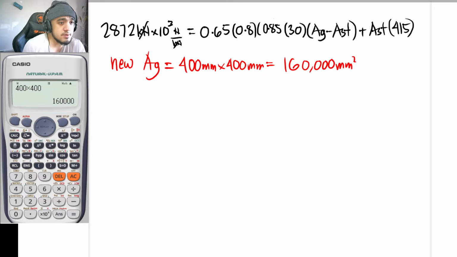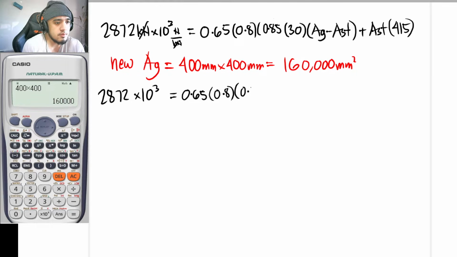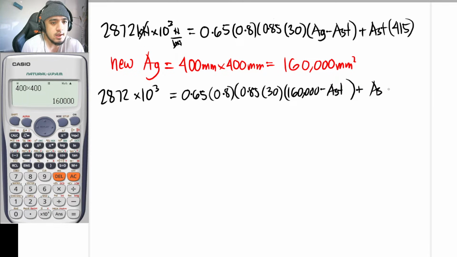Okay, so substituting known values, this is now equal to 2872 times 10 raised to 3, equal to 0.65 times 0.8 times 0.85 times 30 times (160,000 minus AST) plus AST times 415. So once again, I will be making use of the shift solve function of my calculator.